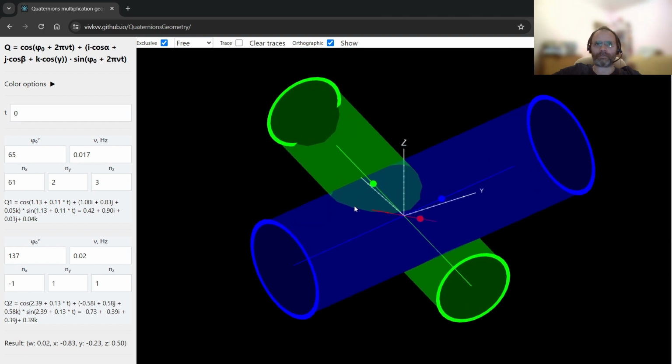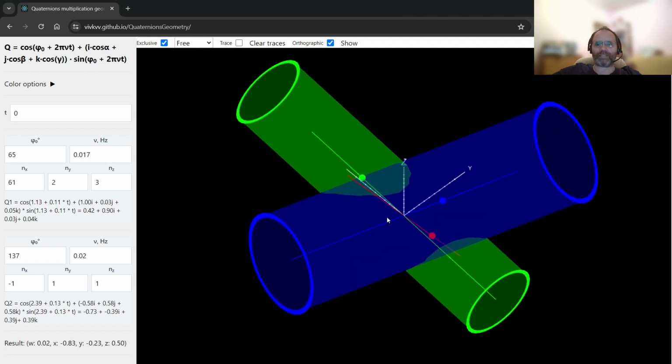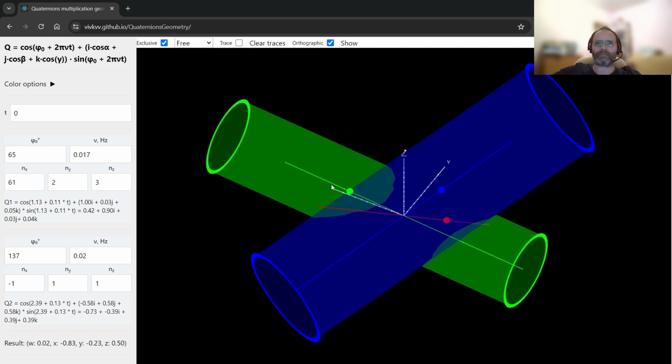Let's see. Let's look at the green cylinder.